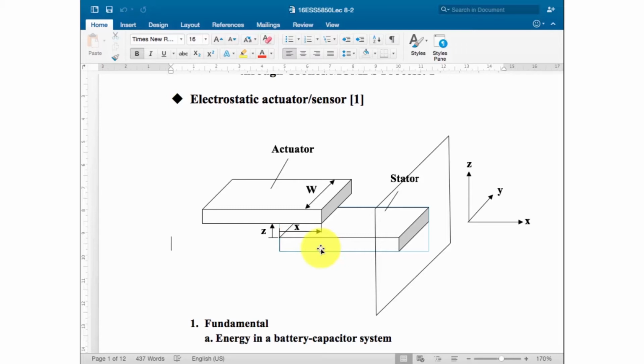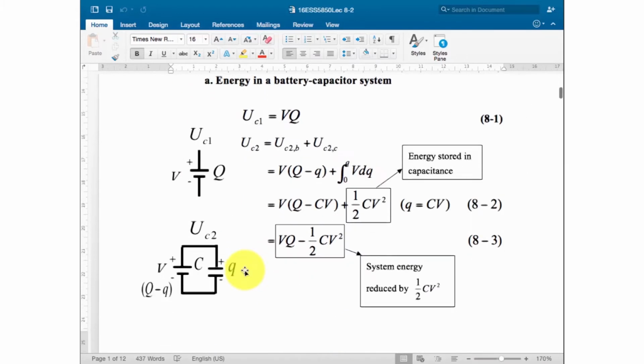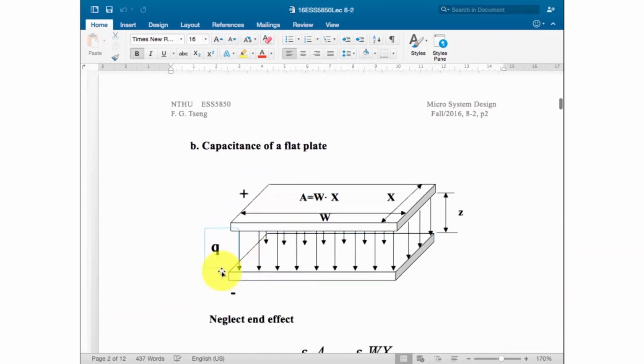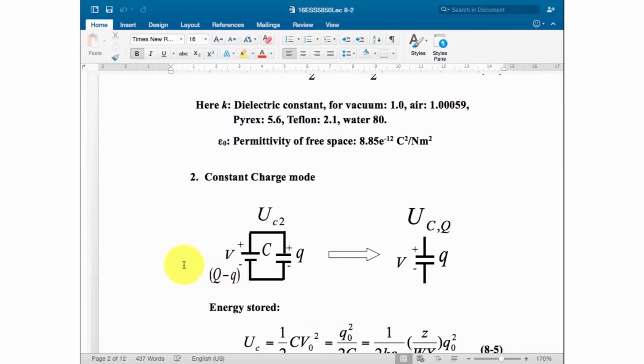So keep in mind, in constant charge mode, you can move in the Z direction without the force changing, but in constant voltage mode, you can move in the X direction and the force does not change. Is it clear? Easy to understand? The energy and the capacitance part I mentioned last week.